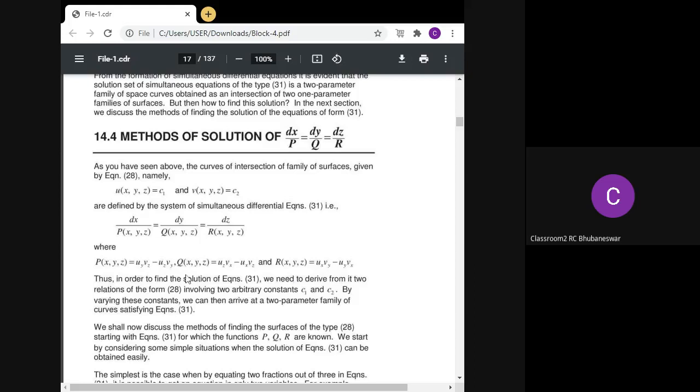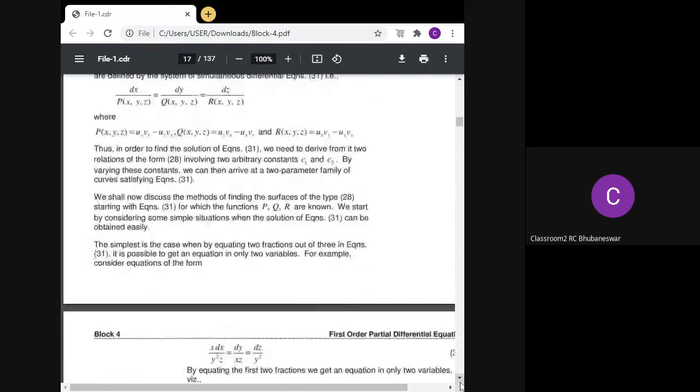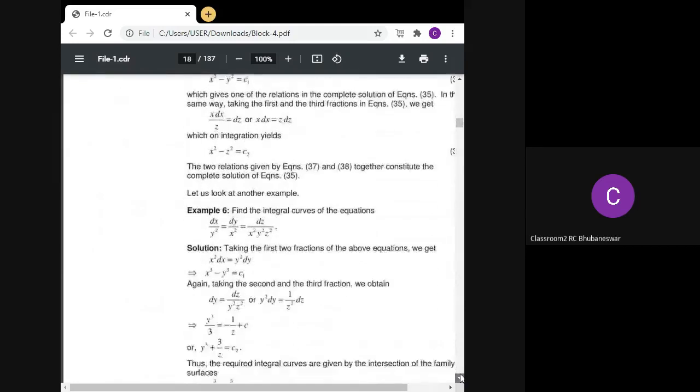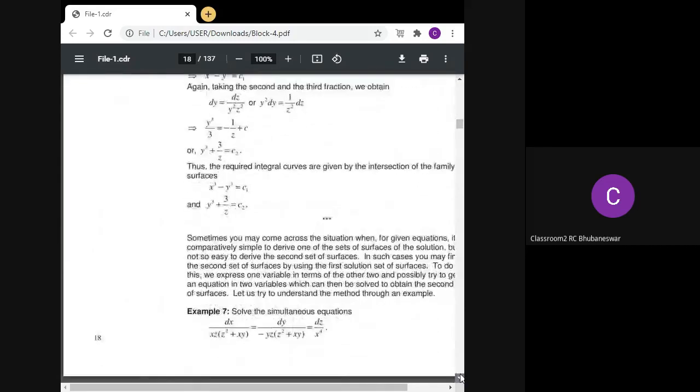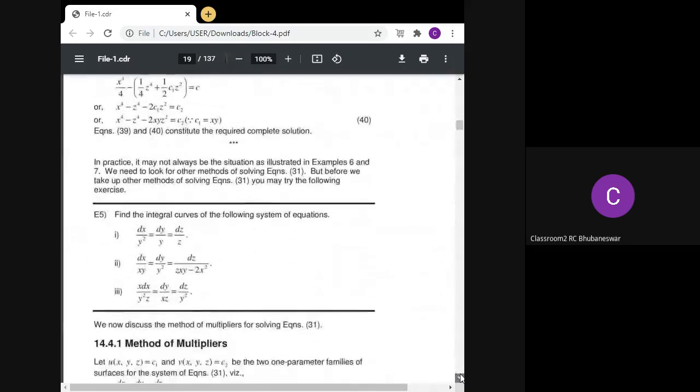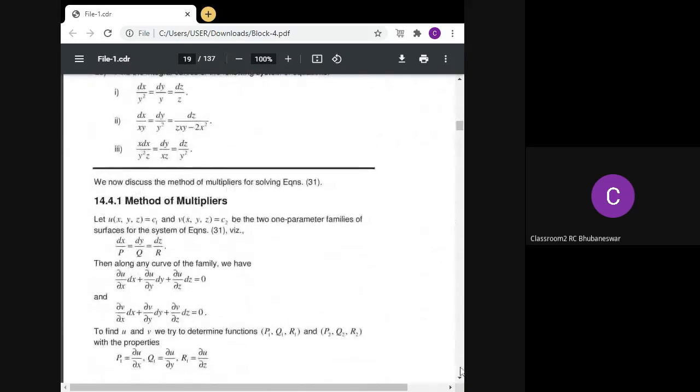The same formula or same relation has been used here to assign the values of capital P, capital Q, and capital R. So now let us see how we can approach the solution procedure of this kind of system of differential equations. So now we are moving towards the general procedure to discuss this kind of equations or system of differential equations.